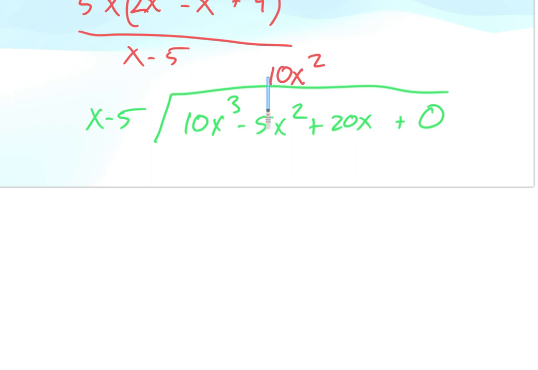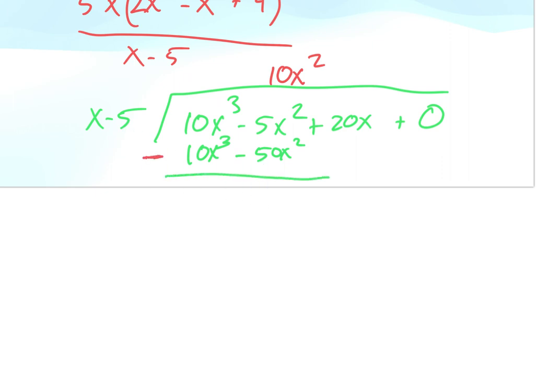And then I take 10x squared times x, which is 10x cubed. 10x squared times negative 5, negative 50x squared. That's where that one comes from.